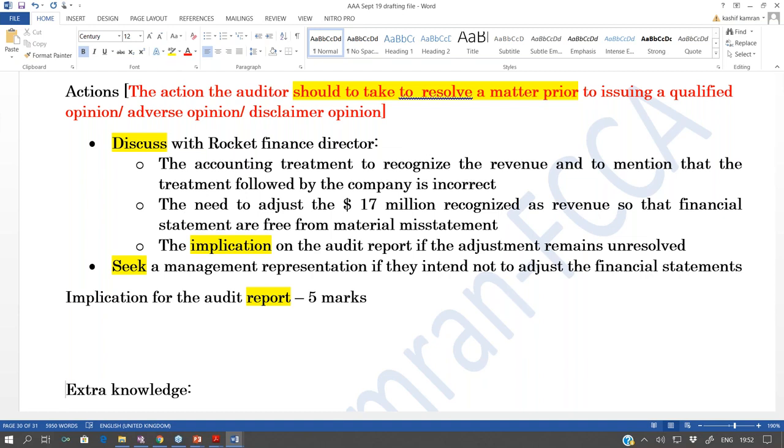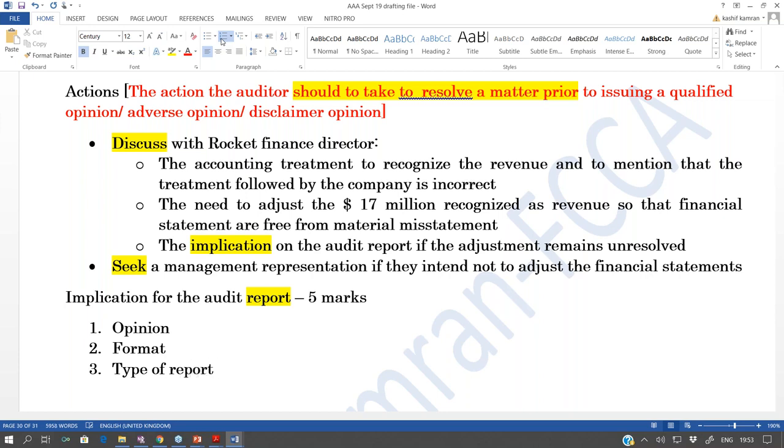Now see, the first implication will be on the opinion. Is opinion part of the report? The second implication will be on the format of the report. What comes first and what comes second in the exam paper. And the third implication is on the type of report.